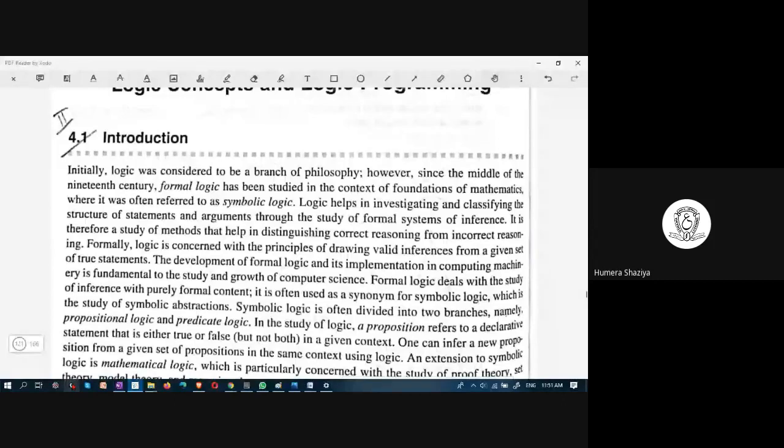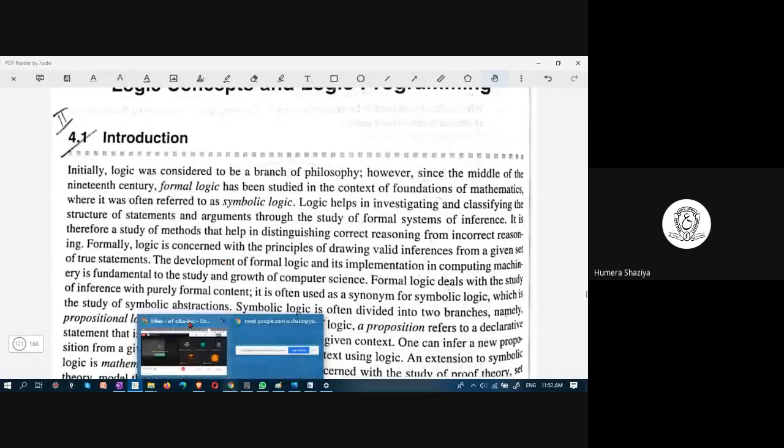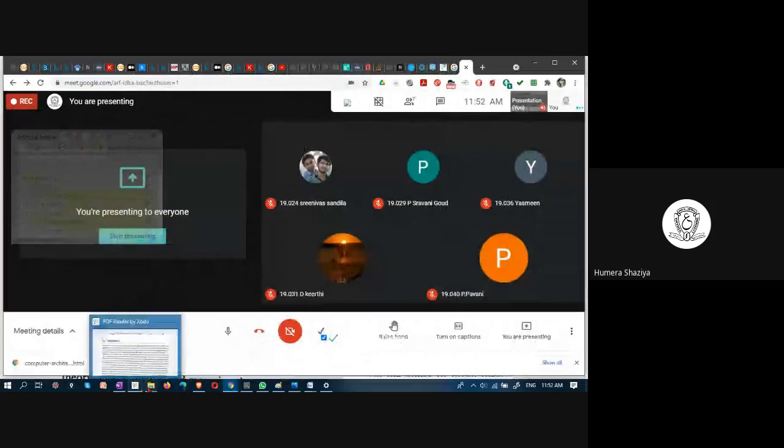What is the use of logic? What is formal logic? All right, if I tell you something, at least you can put whatever your answer is in the chat so that I can read, so that it becomes interactive, and then this is the logic.